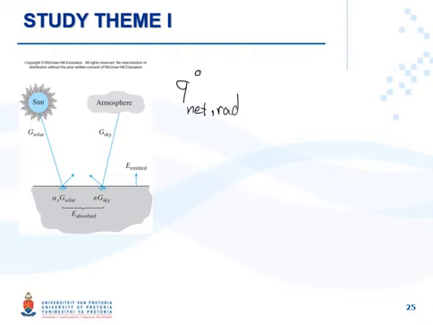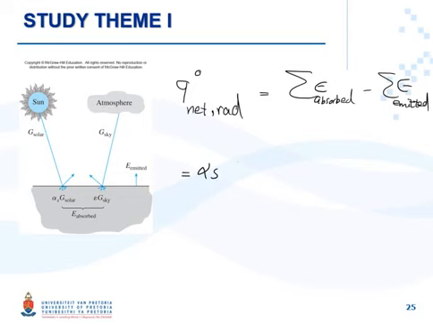Simply, I can say it's the sum of all absorbed minus all emitted. I think it's acceptable. What is the surface receiving? It's receiving alpha_S G solar. It's also receiving epsilon G sky.